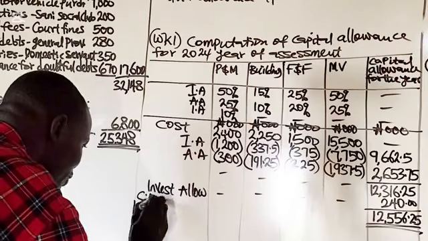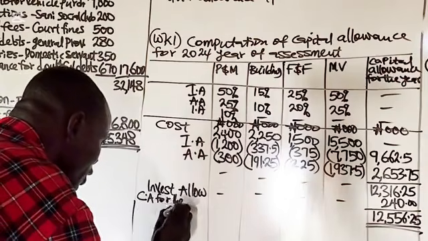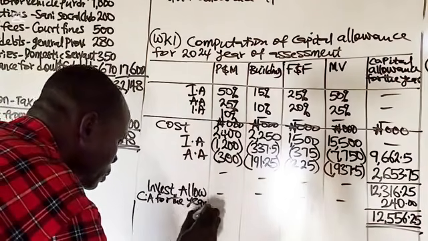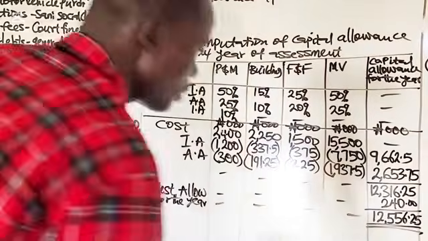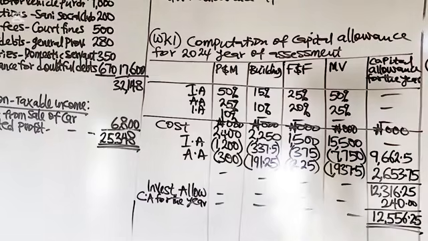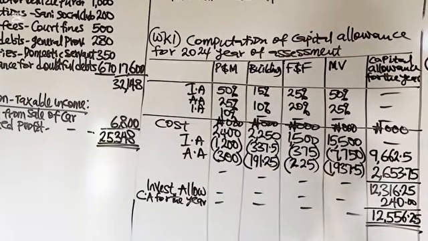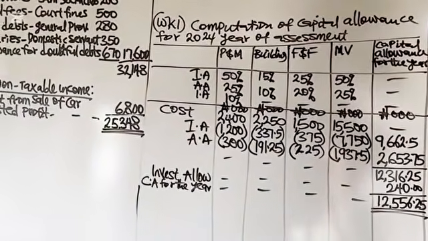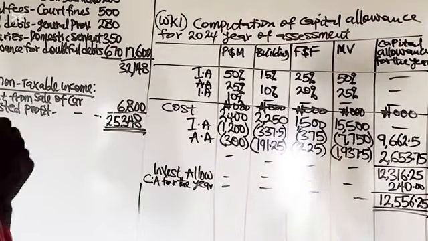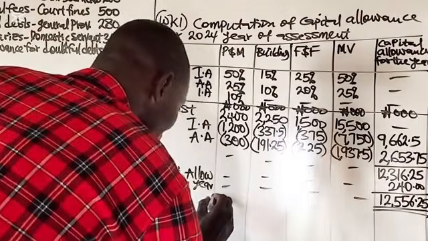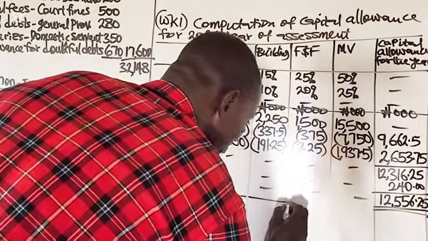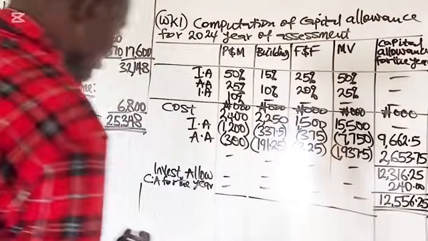Capital allowance for the year. After the capital allowance for the year, we now have the tax written down value or the qualifying capital expenditure, which will be brought forward to 2025 year of assessment.